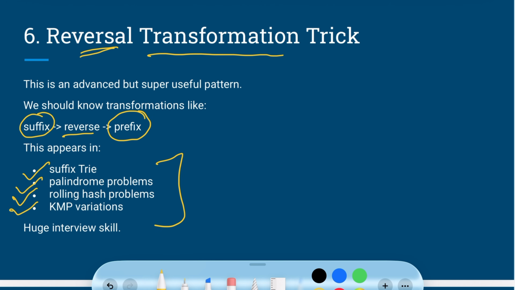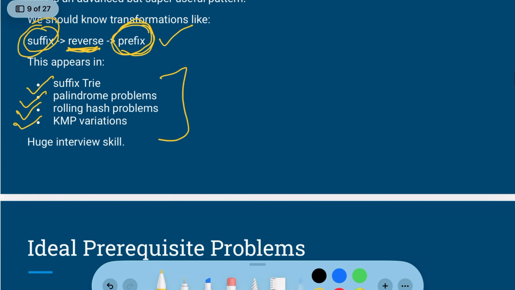Otherwise, if you don't know, let me know and I'll create videos on this. So this is the trick where we do the reversal. In the suffix case, you first reverse the given word or string, and then it becomes a prefix, so you apply the prefix approach. You reverse, and you get the prefix. You should understand the reversal trick.